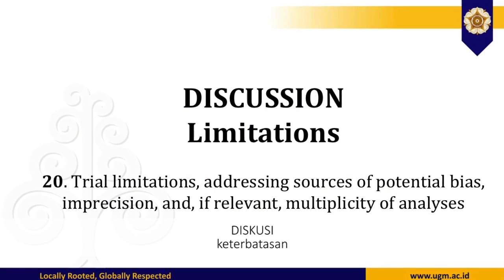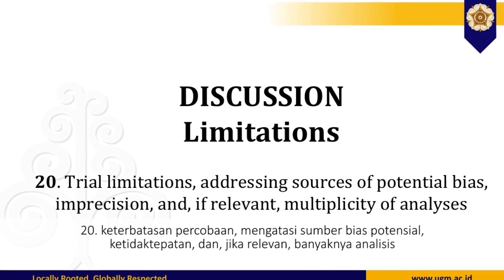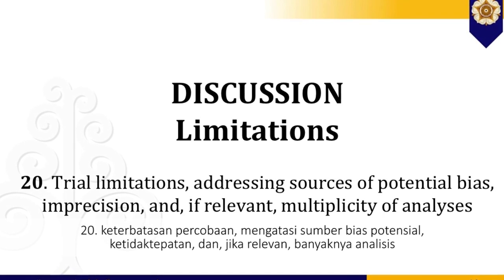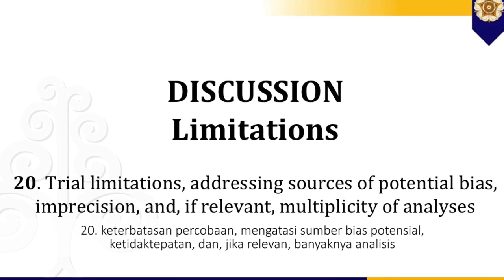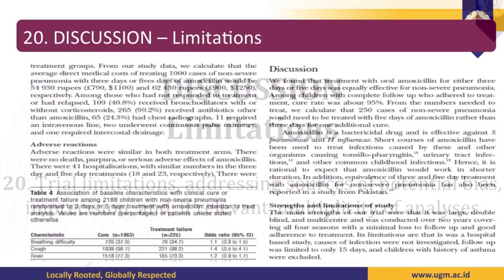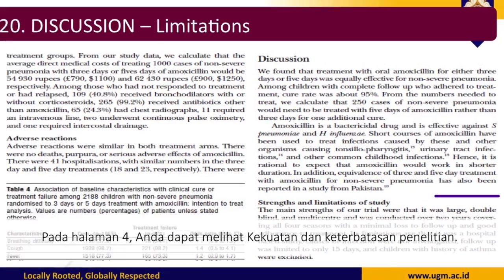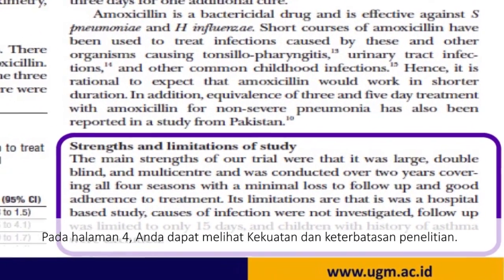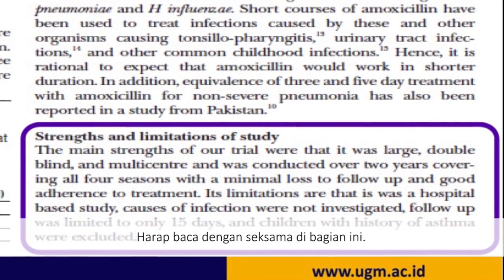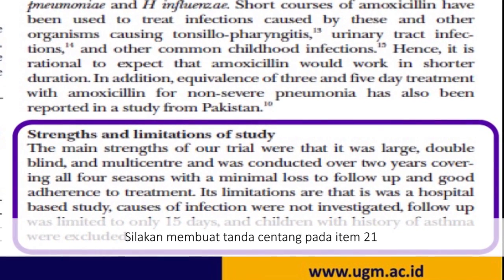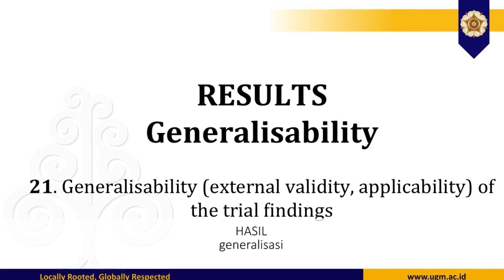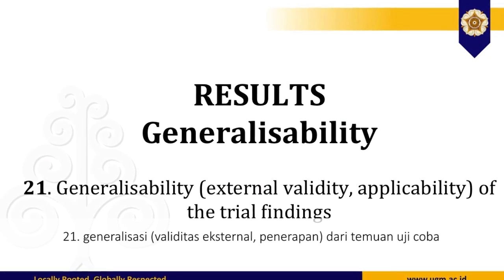Discussion. Limitations. 20. Trial limitations, addressing sources of potential bias, imprecision, and if relevant, multiplicity of analysis. On page 4, you can see strengths and limitations of the study. Please read this part carefully. Please make a tick on item 20. Generalisability. 21.